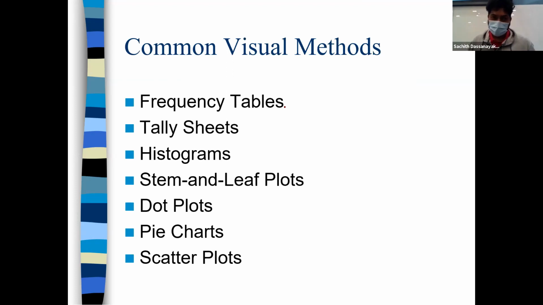In this section, I think we discuss this. I'll show you what a frequency table, histogram, stem and leaf plot is. Normally, we call this a leaf plot. Dot plots, yes. Pie chart and scatter plots, we don't talk about in this section.